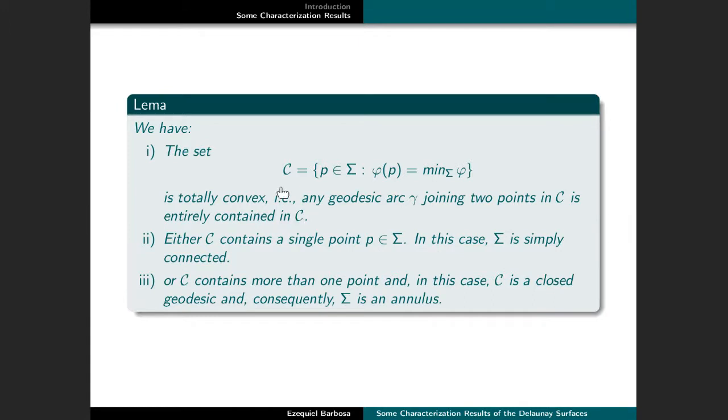Then we prove that, just because of the convexity, this set here is a closed geodesic, connected.